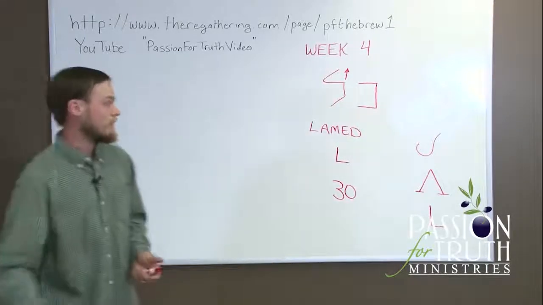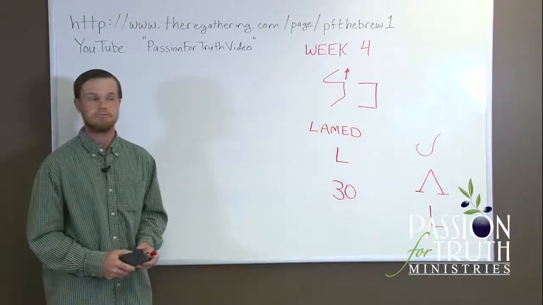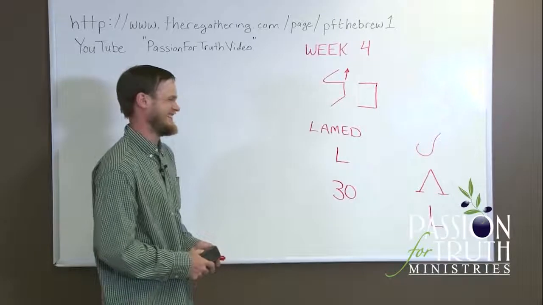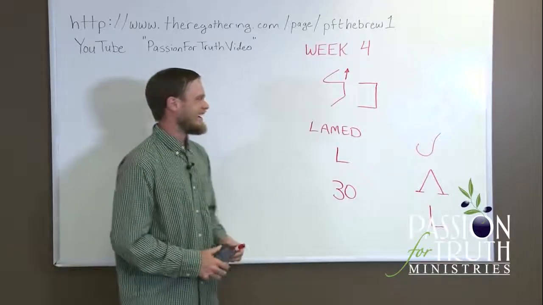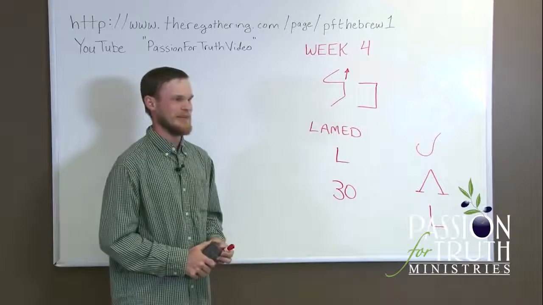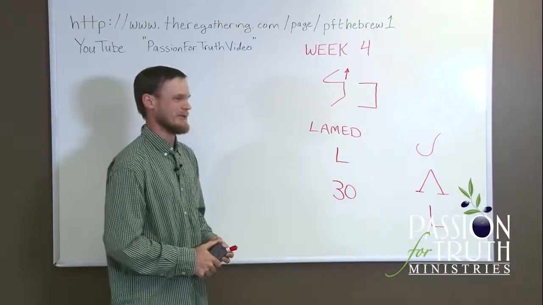Any questions about the Lamed? So the Greeks have a different method of rounding out their sheep? Yeah, I don't know that there's a pictorial meaning behind the Greek letters. I kind of doubt that there is.